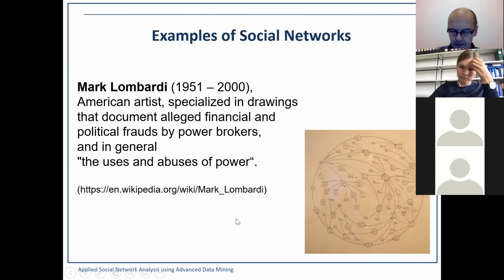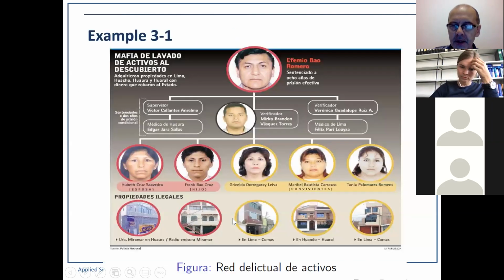Just want to mention some social networks. There is one social network from Lima, the capital of Peru, and that's actually from a newspaper. In that newspaper, they published a group of money laundering where we had the boss and people working for him.